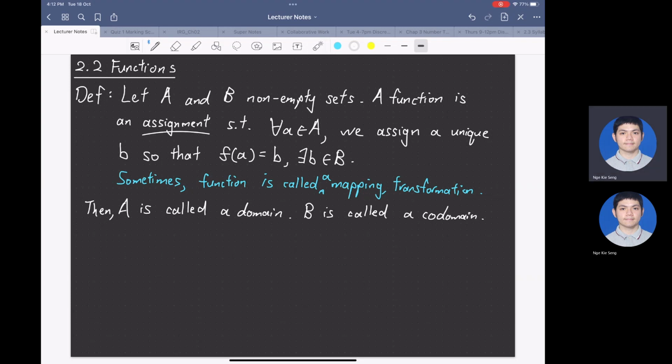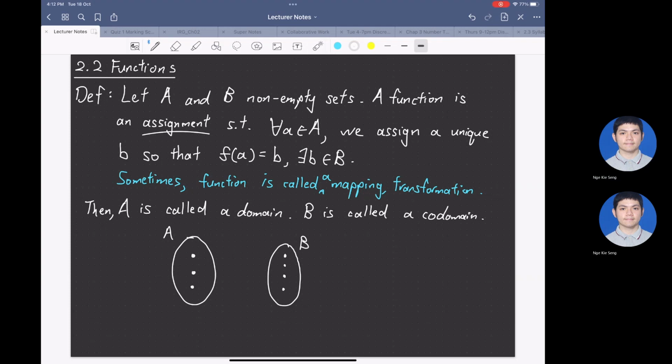Everything in the domain will get mapped by f, but f will not necessarily map to every element in B. For example, let's say we have three elements in A and four elements in B.